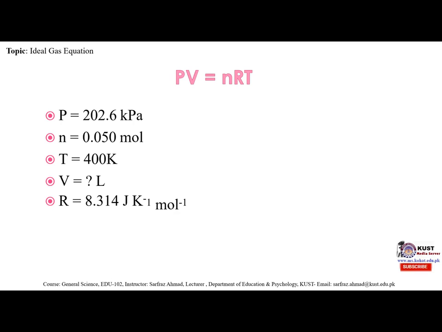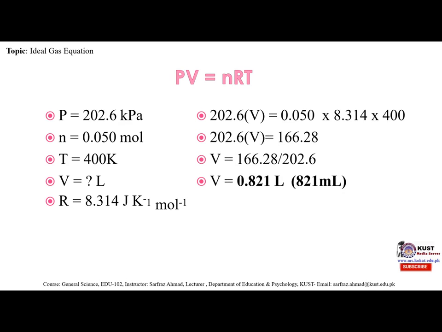P is equal to 202.6 kilopascals, n is equal to 0.050 mole, T temperature is equal to 400 Kelvin, and we have to find the volume in liters, and capital R is equal to 8.314 joule per Kelvin per mole.